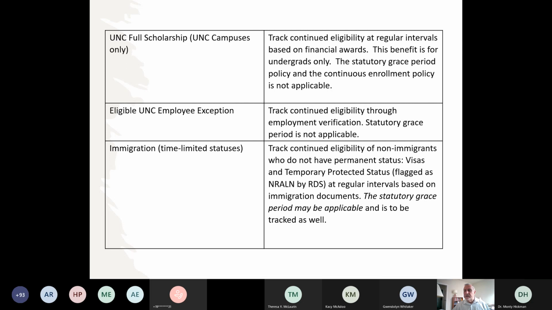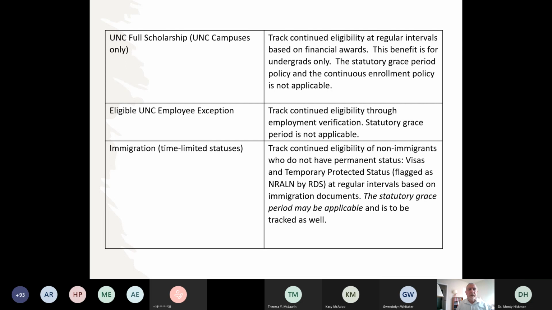For immigration, you can file a grace period for someone whose visa expires. So if they are attending, their visa expires, and they haven't been renewed, you have a couple of options. You can either send them back to RDS to review if they have the documents, or the campus can collect the document of a visa renewal if you want to be responsible for documenting that and keeping the new renewal date.